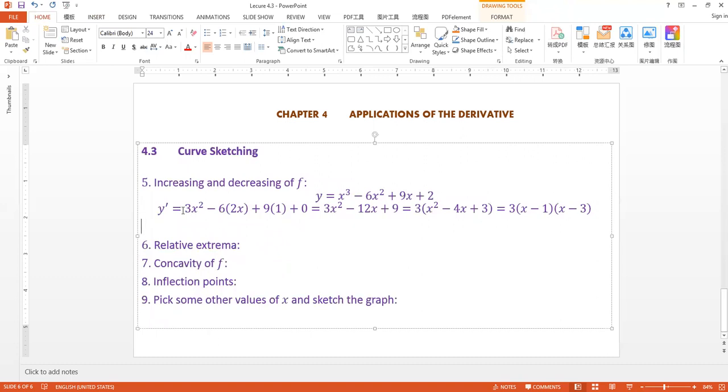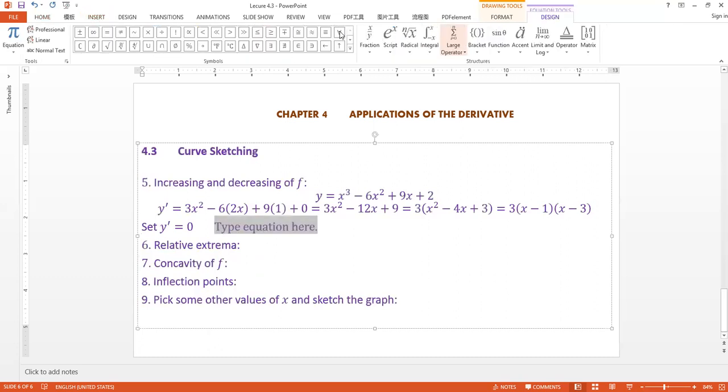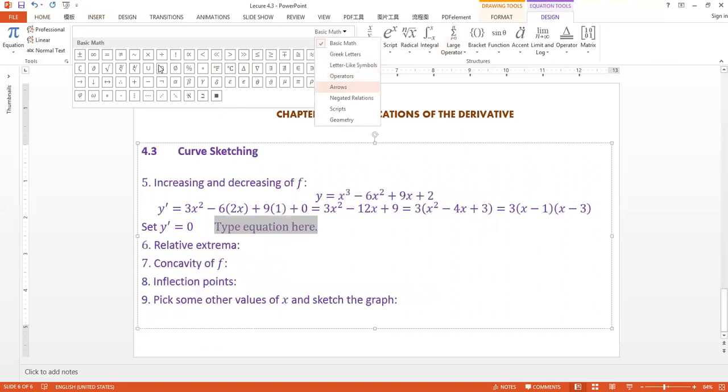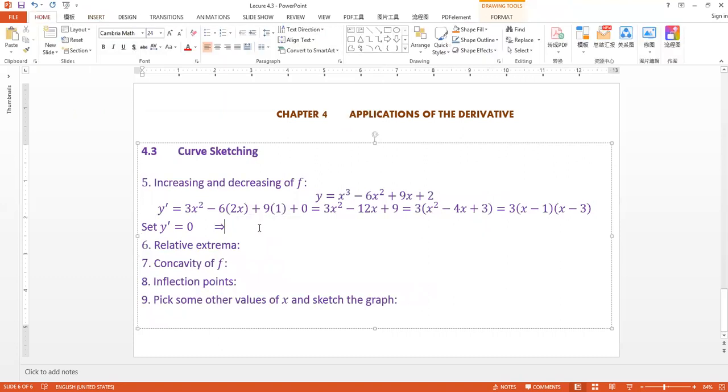Okay, so let's just set y prime equal to 0, and then that will give us the critical numbers.